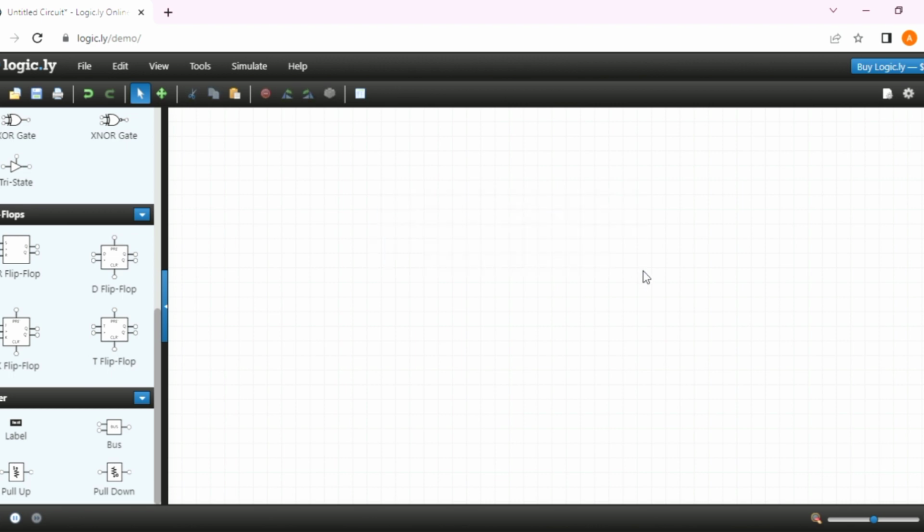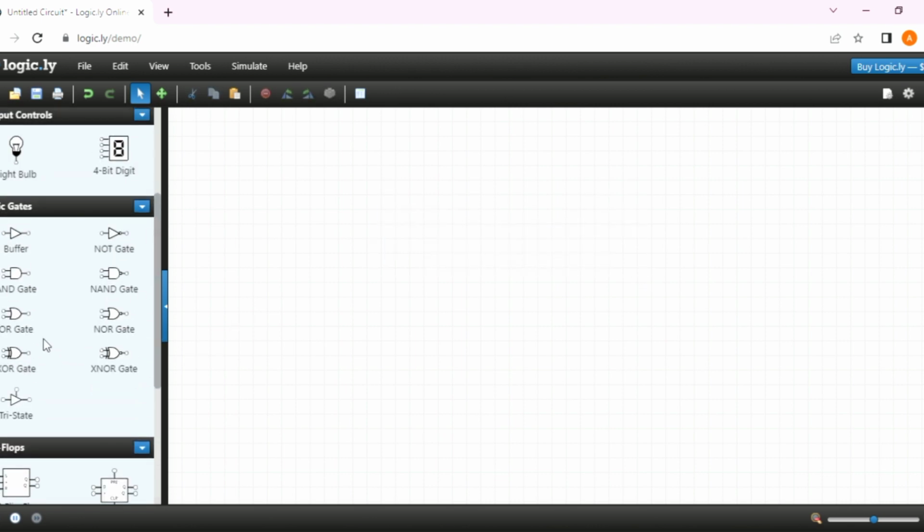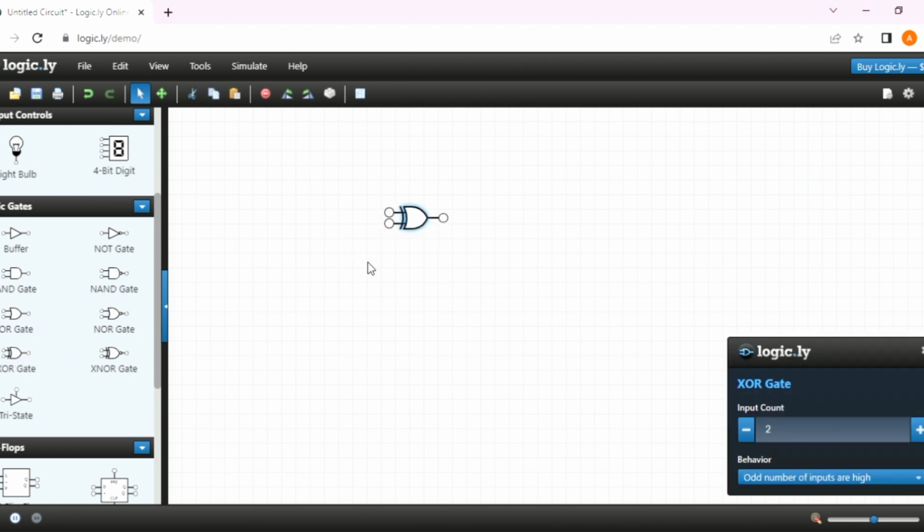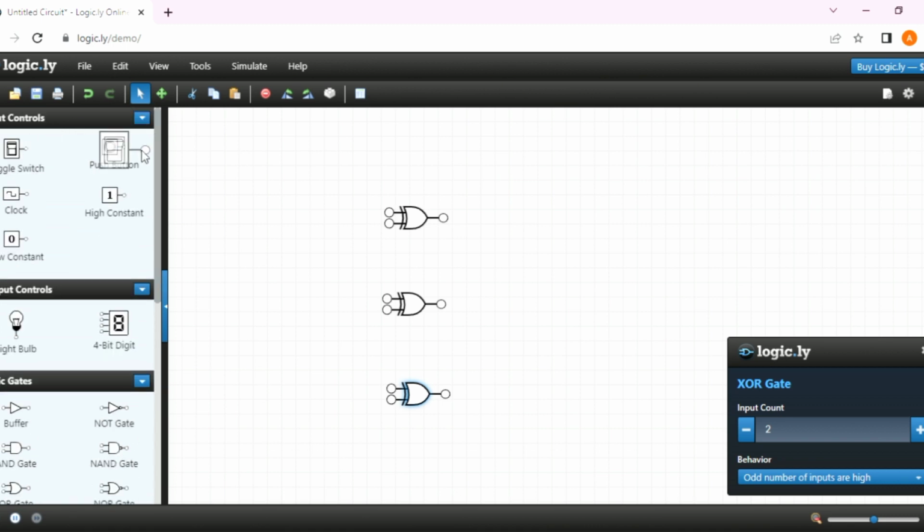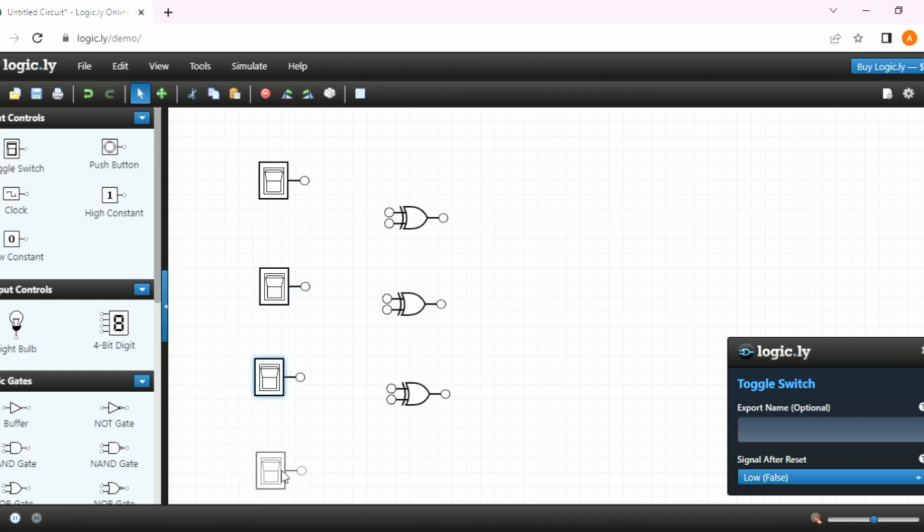To understand this better, let's see the circuit diagram of the binary to gray code converter. For this we need 3 XOR gates, as we are applying 3 XOR conversions here, and 4 inputs and 4 outputs.